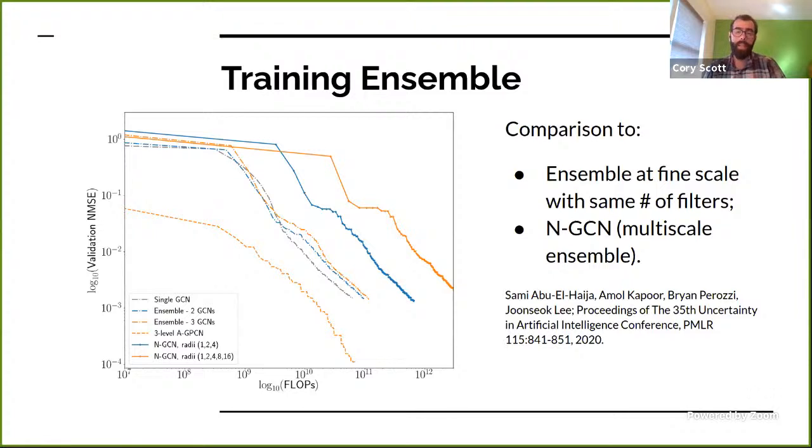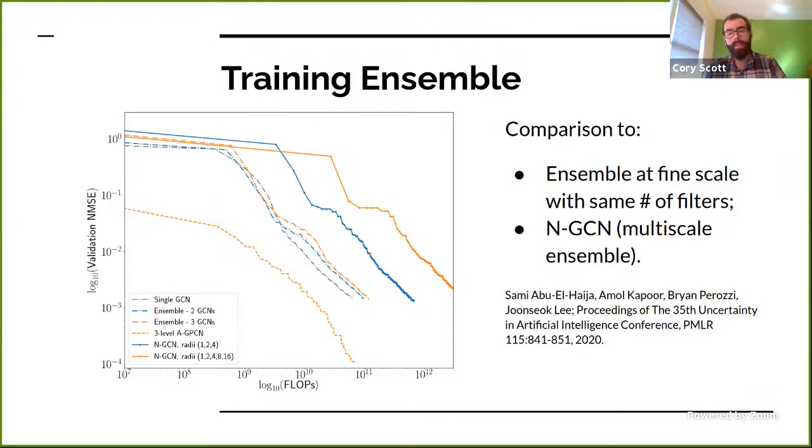The first method is an ensemble that just has a single GCN, an ensemble that has 2 GCNs, an ensemble that has 3 GCNs, all of which are operating at the fine scale with as many filters as we have in our multiscale network. Those are going to be much more expensive, but they have the same chance of figuring out the mapping function that the finest scale in our hierarchy is figuring out.